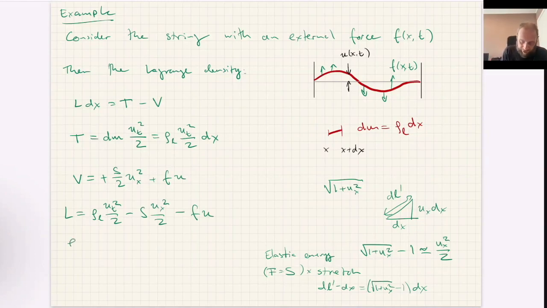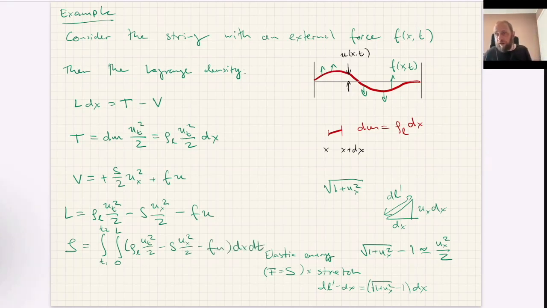So you would define the action. That's the space-time integral of this. So it's the integral in time, from t1 to t2, for example, and from 0 to L over the string, of the Lagrange density. So rho L ut squared divided by 2 minus S ux squared divided by 2 minus F u, dx dt.